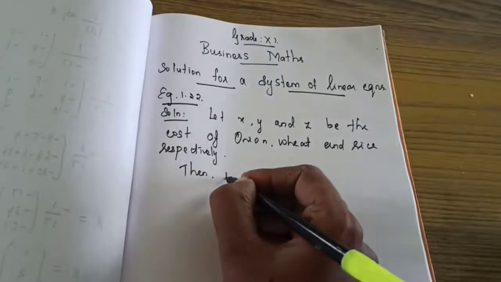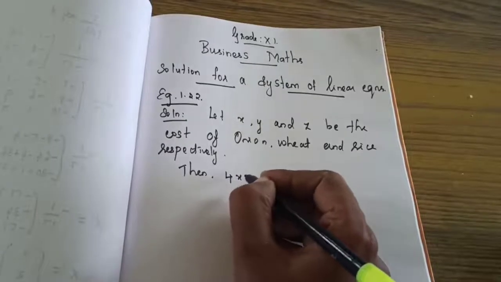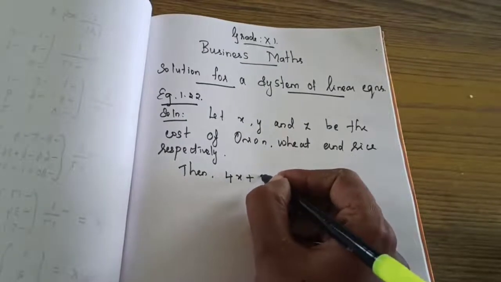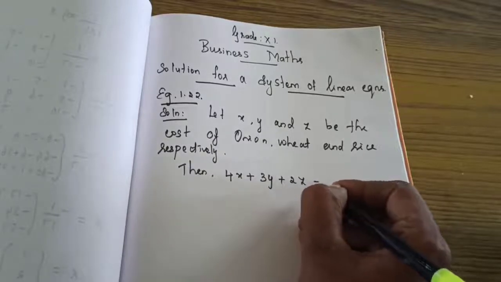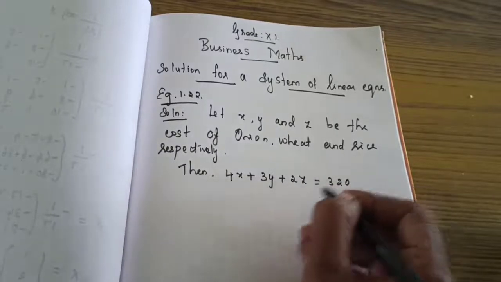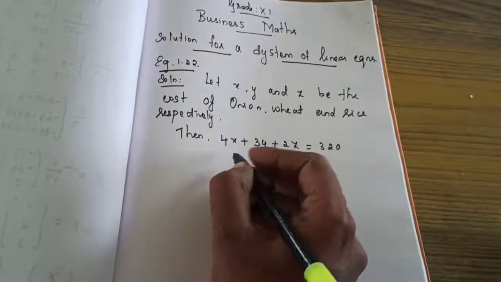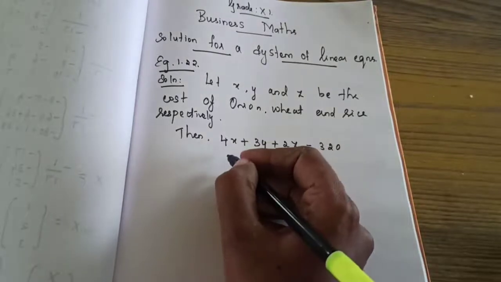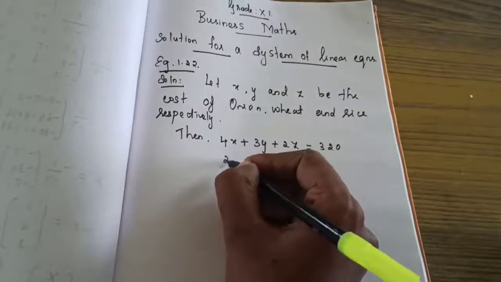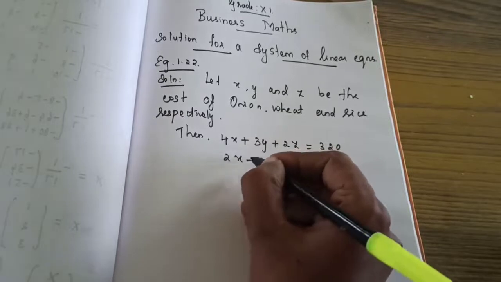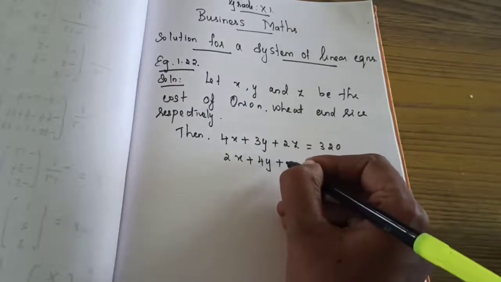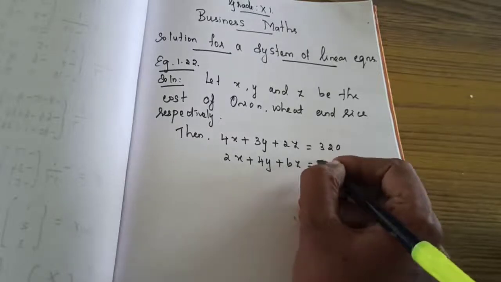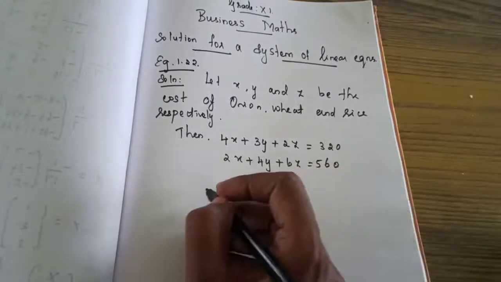4 kg onion, that means 4x. Then 3 kg wheat, plus 3y. 2 kg rice, 2z is equal to 320. Then the second one: the cost of 2 kg onion, that is 2x, plus 4 kg wheat, 4y, plus 6 kg rice, that is 6z, is equal to 560.